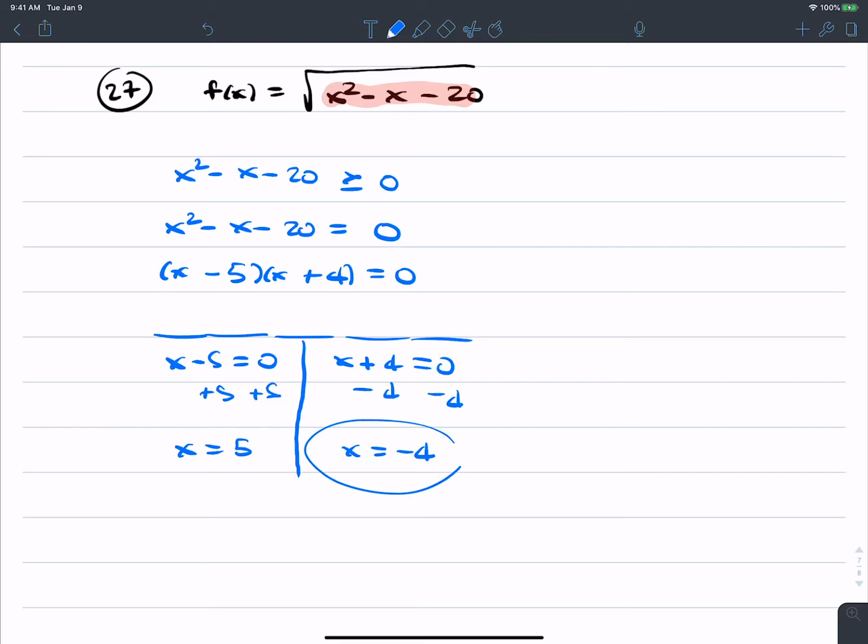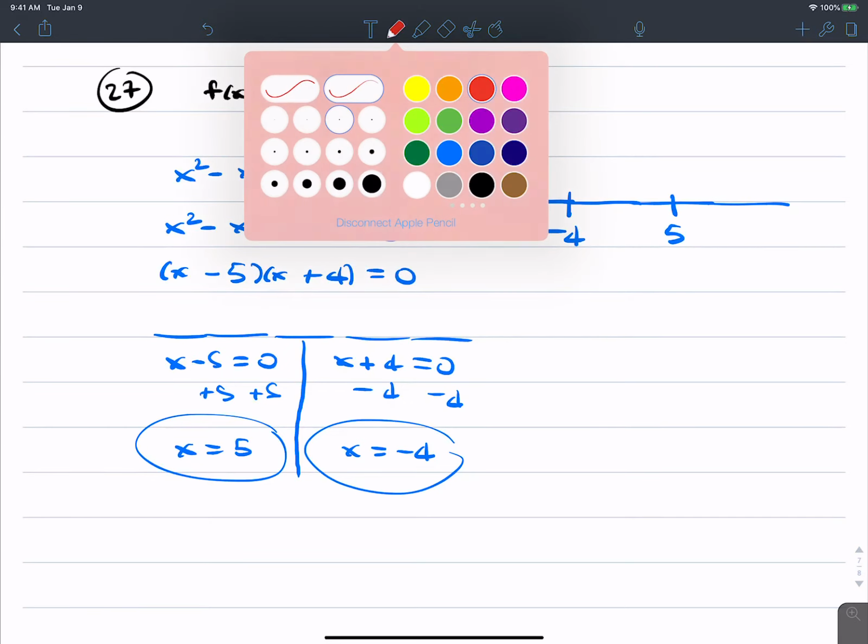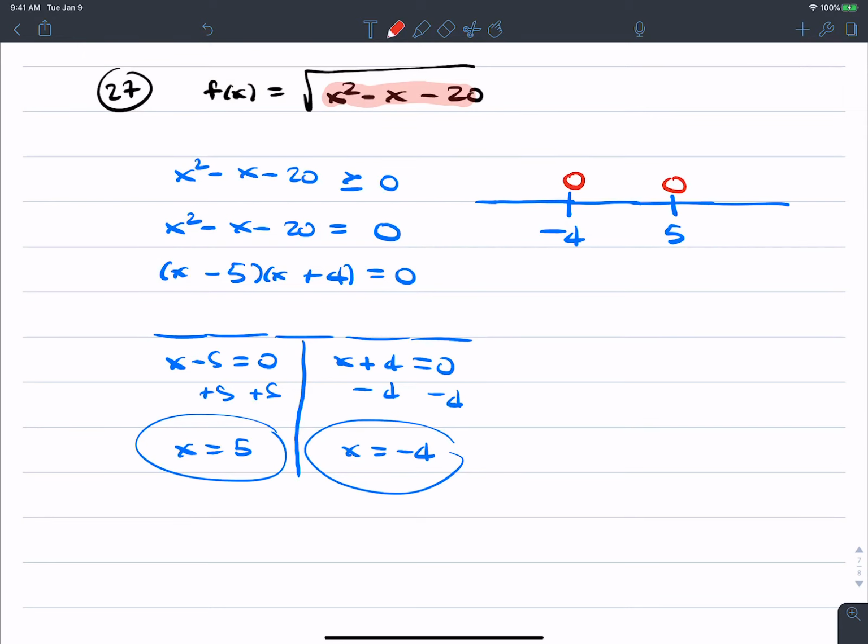These are the two solutions here. So this is where the quadratic equals 0. So again, we use this to label the real number line where the quadratic equals 0.